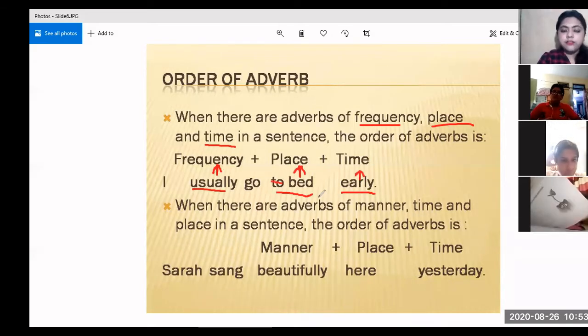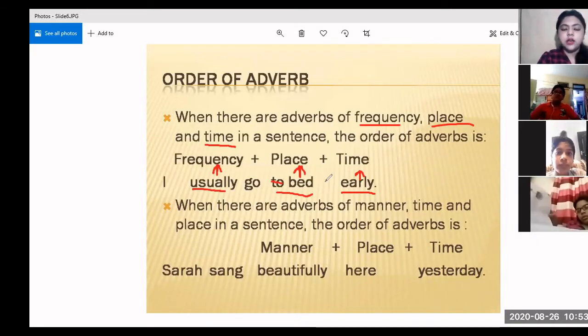Usually. Where? Bed. And when? Early. So FPT: whenever we have these three adverbs in a sentence, adverb of frequency, adverb of place, and adverb of time, you should remember this sequence, that is FPT, frequency, place, and time, right?